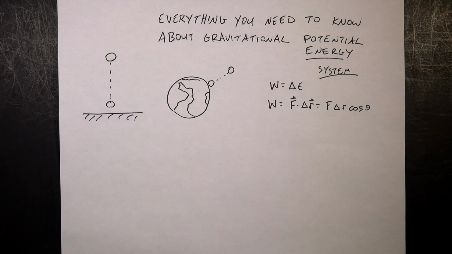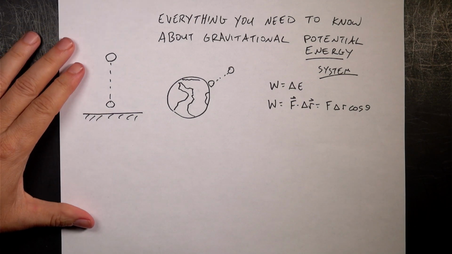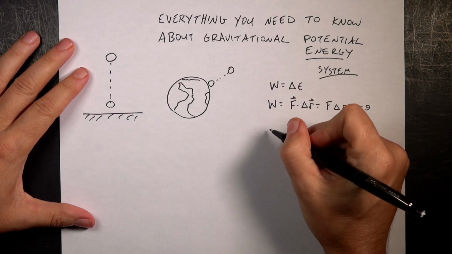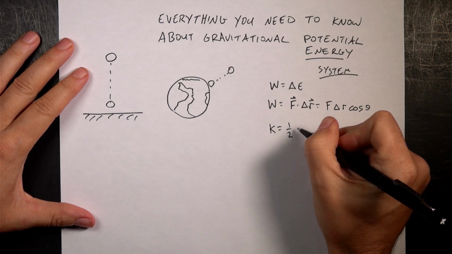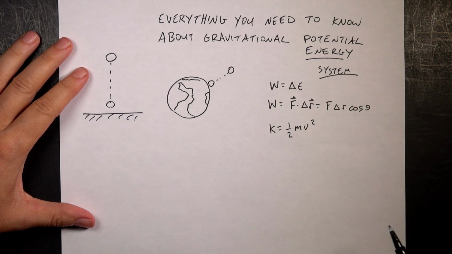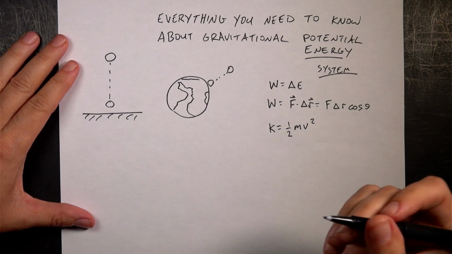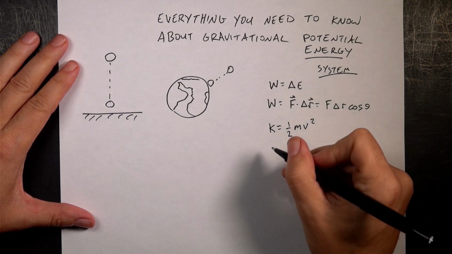Well, fine. Then what about energy? Well, if I have just an object as my system, just one object, then the only energy I could have would be kinetic energy, and that's going to be 1/2 mv squared. Okay, so now what about the force? Well, if we're on the surface of the Earth, then we're going to use the gravitational force, and it looks like this.